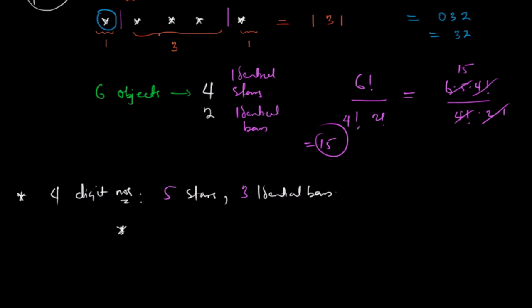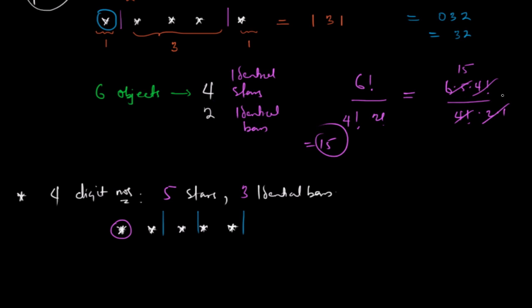As explained before, an example is this. Maybe you had 5 stars, and since you need 3 identical bars, again for the 4-digit case the first must be fixed. Let's say you have 1 at this position.